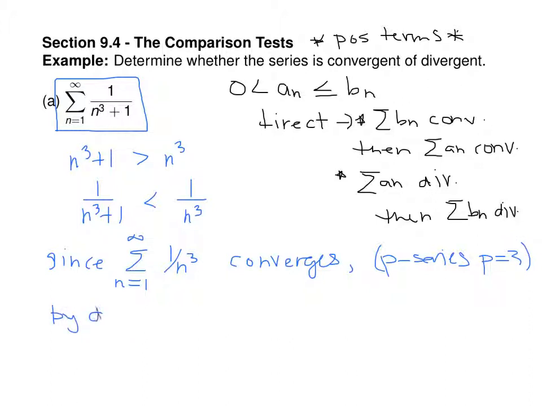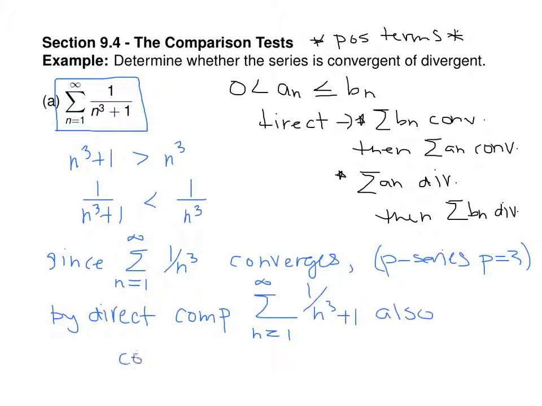By direct comparison, the sum from n equals 1 to infinity, 1 over n cubed plus 1, also converges.